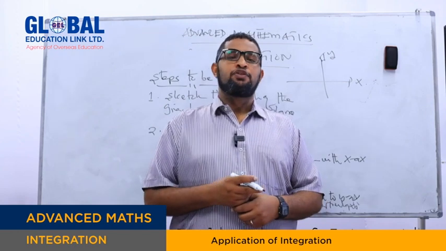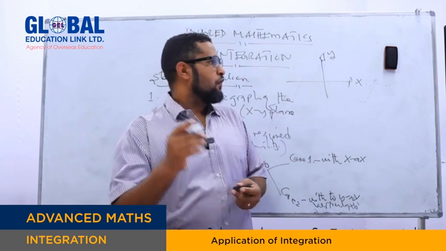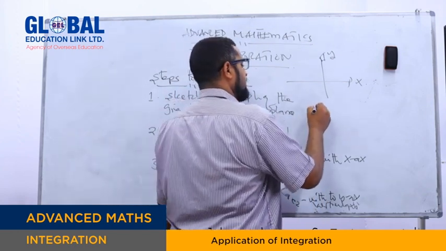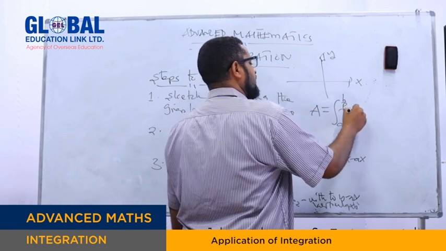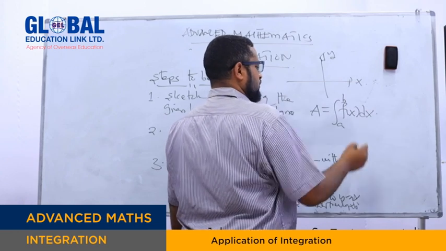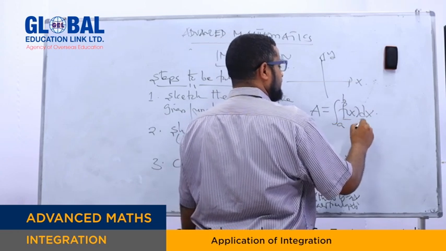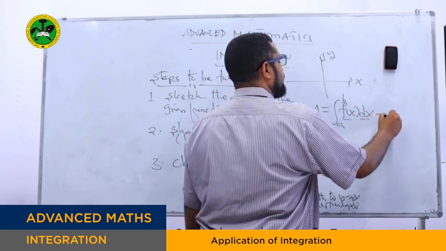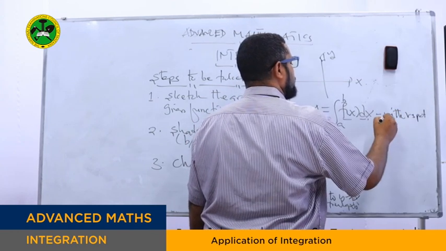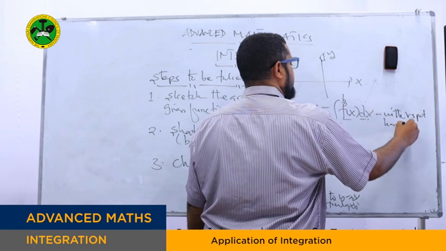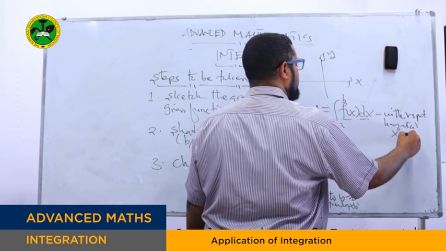As I said, we have two formulas. Formula number 1 is area equal to the integral from a to b of f of x dx. If you see f of x dx, this is with respect to the horizontal axis or x-axis.